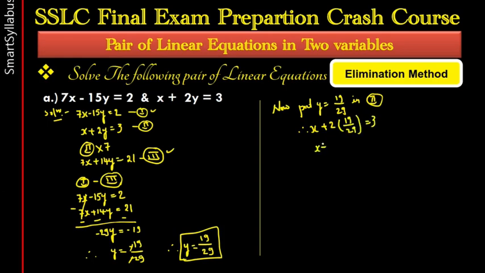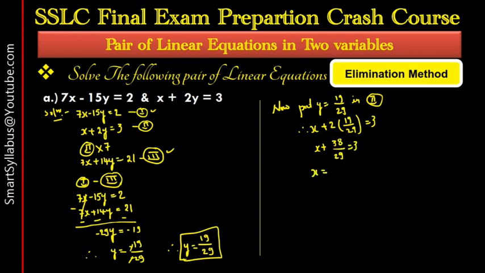Next, x plus, we cannot divide, so we have to multiply 19 into 2, it's 38 upon 29, that's equal to 3. Then 38 upon 29 on the other side of the equal sign, so we get x is equal to 3 minus 38 upon 29.